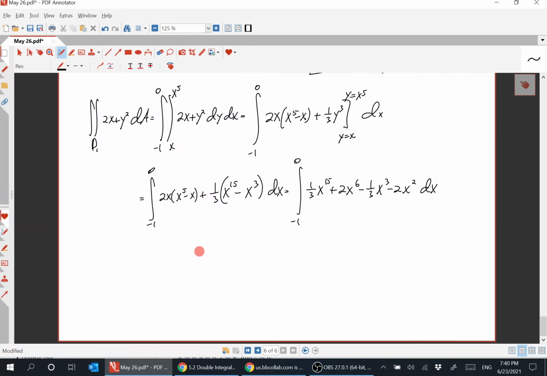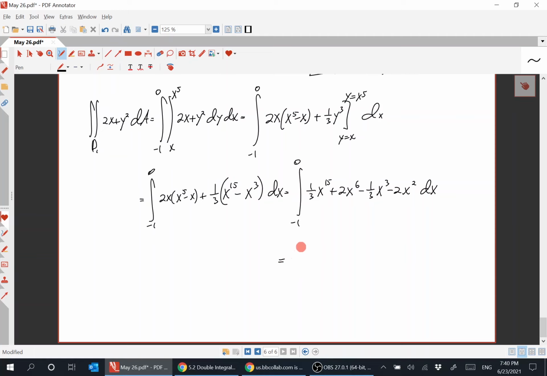Well, let's see. So the antiderivative is, 3 times 16 is 48, so 1 over 48 x to the 16th plus 2 over 7 x to the 7th minus 1 over 12 x to the 4th minus 2/3 x to the 3rd from minus 1 to 0.